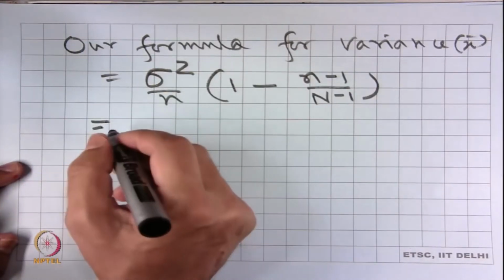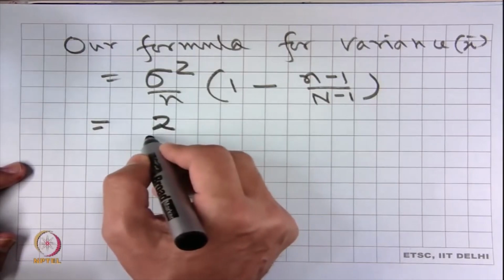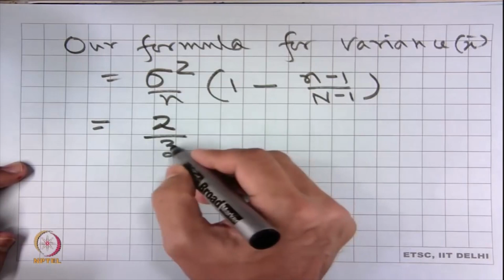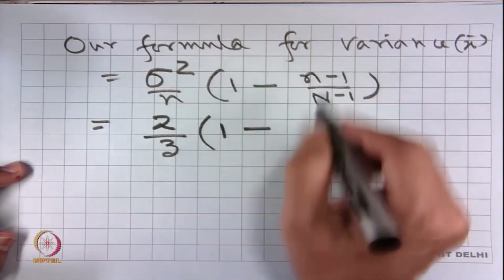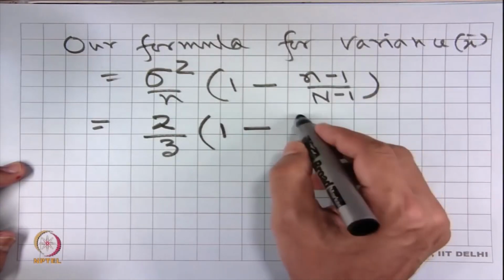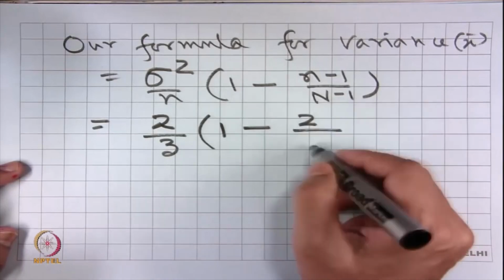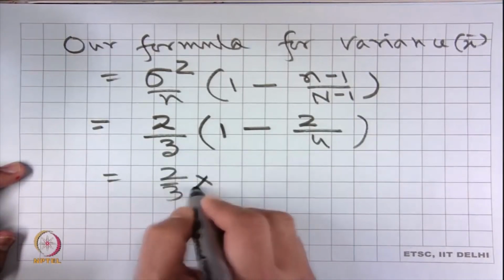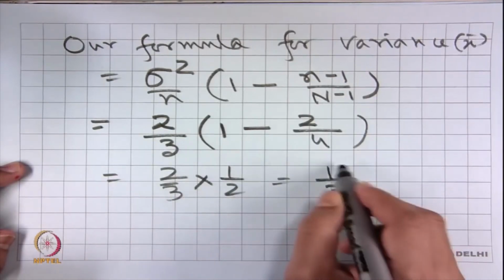Here sigma square was 2, that we have already calculated as population variance, and small n is equal to 3, therefore small n minus 1 is equal to 2, capital N is 5. So, this is 4. It is equal to 2 upon 3 into half, which is 1 upon 3.